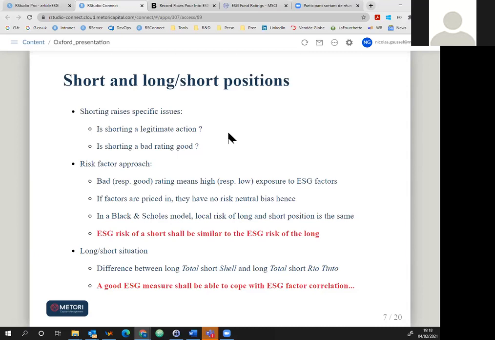So how can we think about that? A way to escape from this conundrum is to think in terms of risk factors. Typically, you could think that a bad rating means a high exposure. So a bad ESG rating would mean a high exposure to ESG factors, meaning that when ESG factors are hit in a negative manner, your investment would be hit in a negative manner as well. But if you feel that markets basically are efficient, I don't want to enter into a discussion around efficiency, but basically that there is no natural difference between ESG factors and other factors, if they impact prices, it means that those ESG factors are priced in as well.